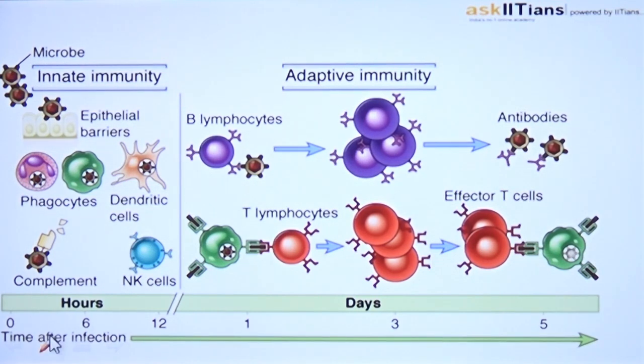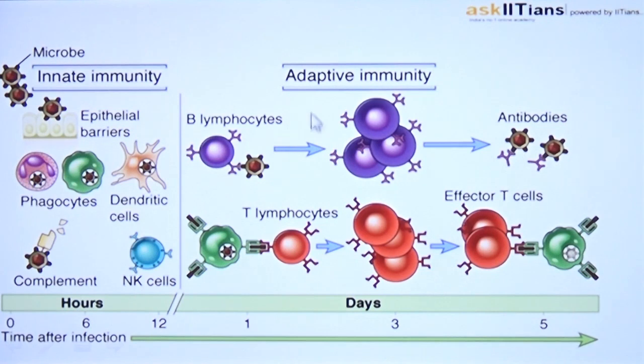What is the time after infection? It happens within hours. When an antigen enters the body, innate immunity immediately starts functioning, and within hours these cells start killing those antigens.